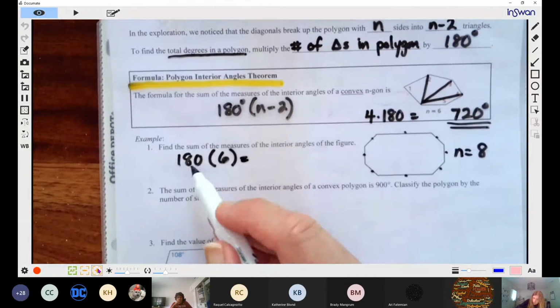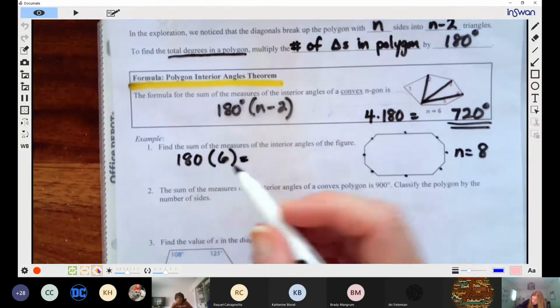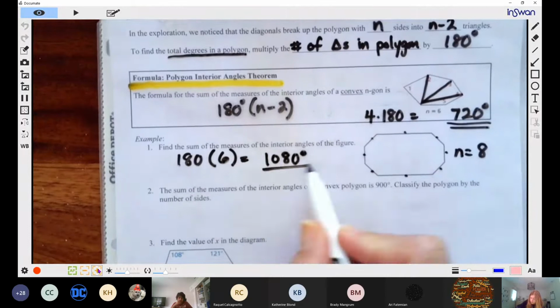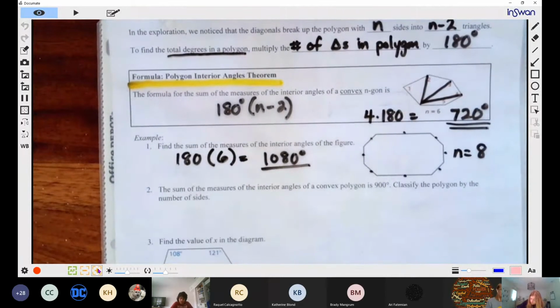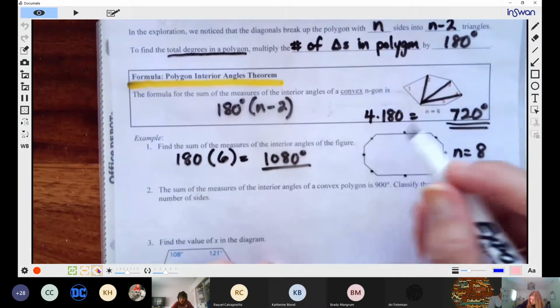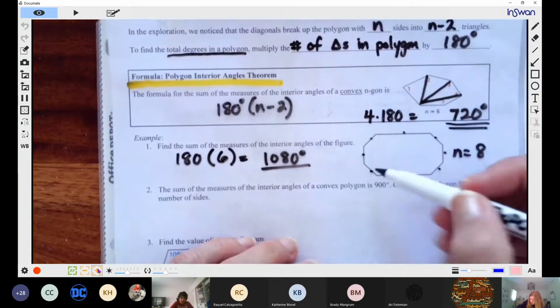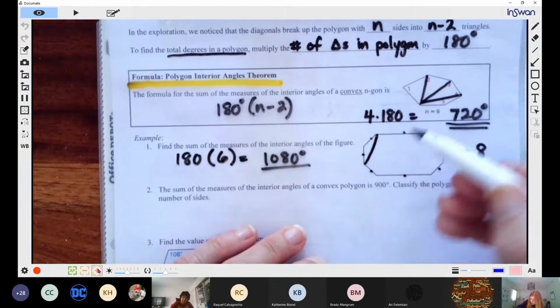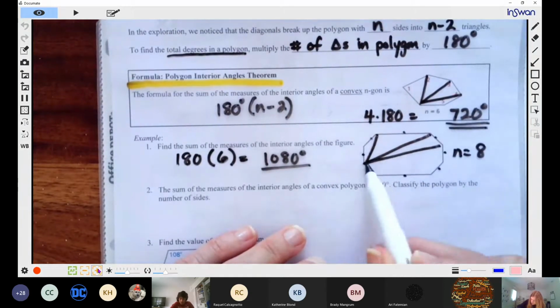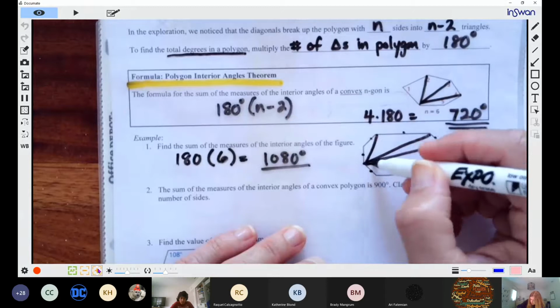That's 600 plus 480. So that's going to be 1,080 degrees. And again, if you were just going to cut it up, you go from one vertex to all of the other non-consecutive ones. Just to check, let's just see.